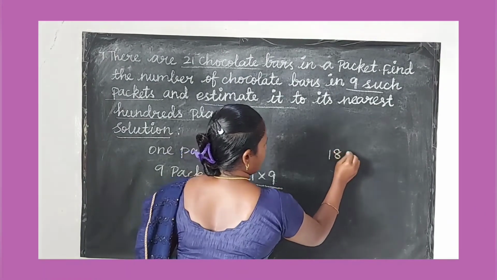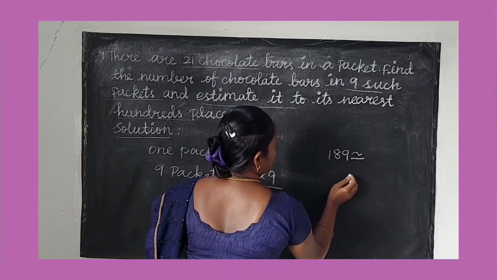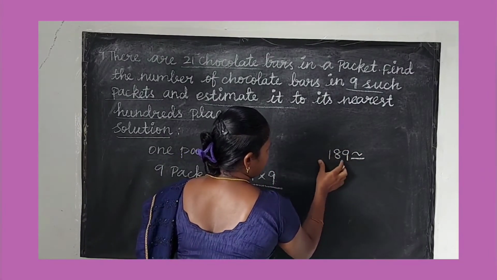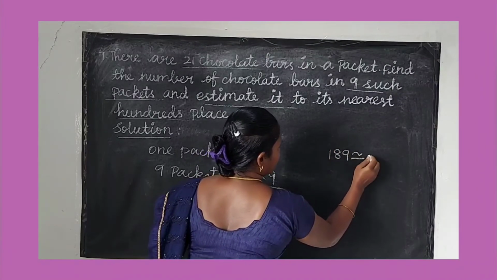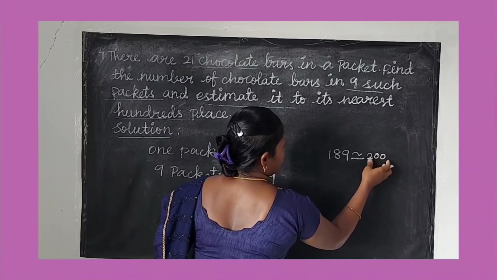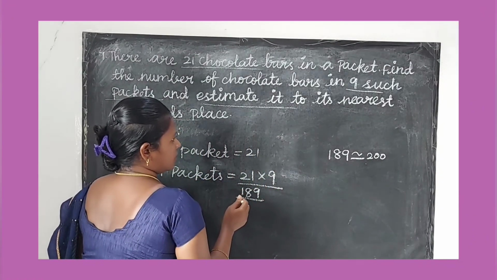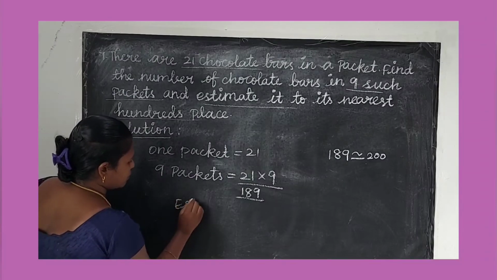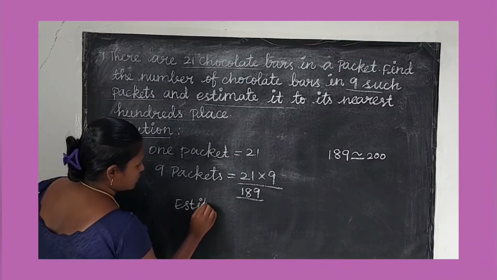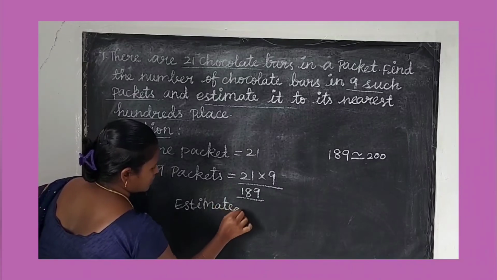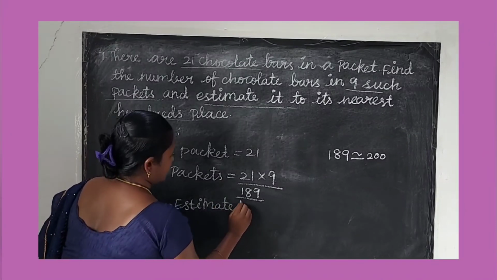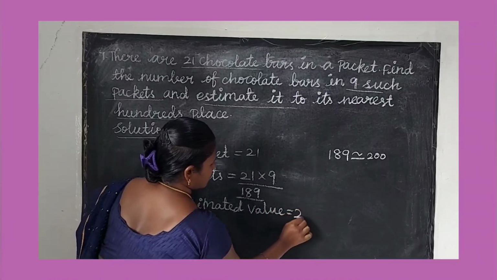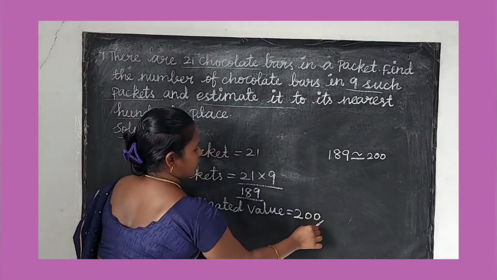So 189 estimated to the nearest 100 place means the nearest value is 200. 200 is the nearest 100 place value. So the estimated value is 200.